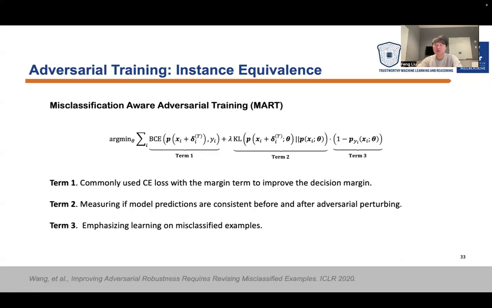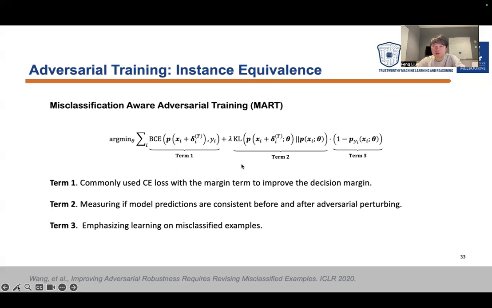And after that, researchers found that for different samples, it might need different focus. Especially for misclassified samples. So they propose misclassification-aware adversarial training. Here, they have three terms in the method. The first term commonly uses a CE loss, or cross-entropy loss, with a margin term to improve the decision margin.